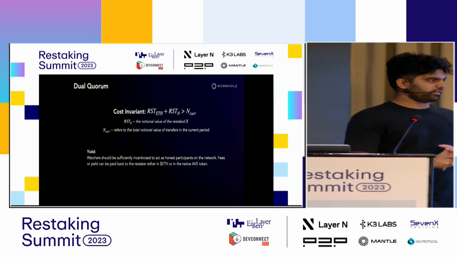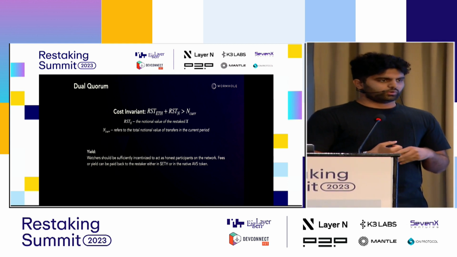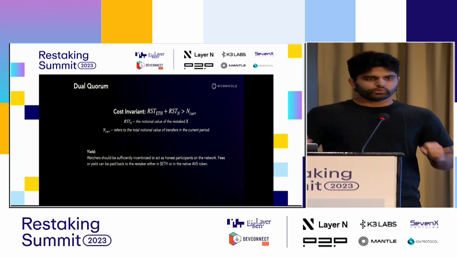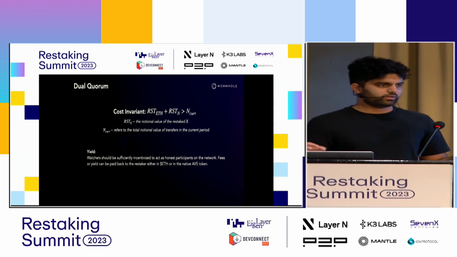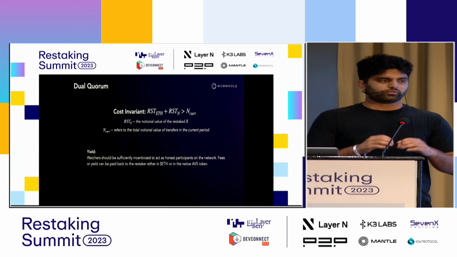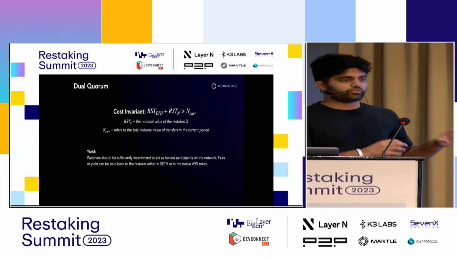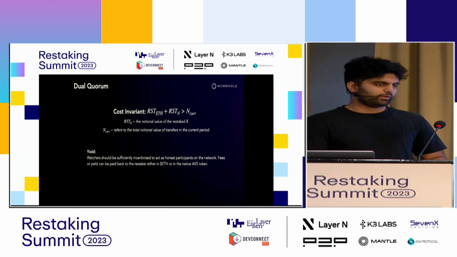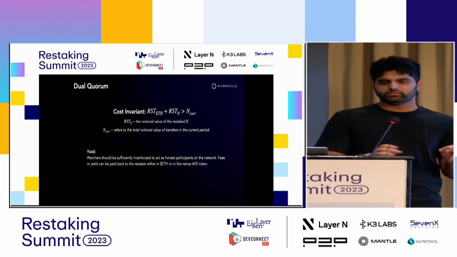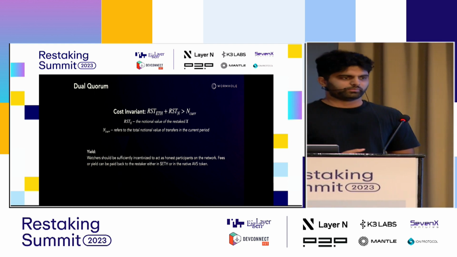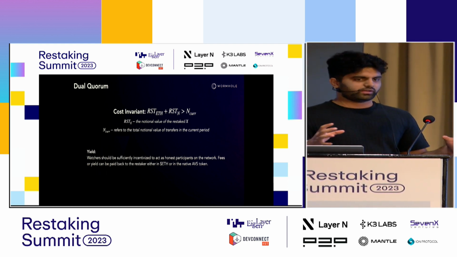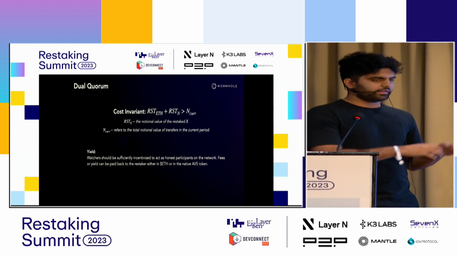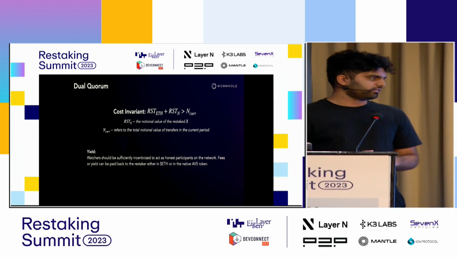So if there's $10 million worth of tokens being moved across Wormhole's connected chains, there has to be that much economic security at that given period. I won't define what that period specifically is, because it's more complicated to do across synchronized time across multiple blockchains. But that's the invariant that has to hold.